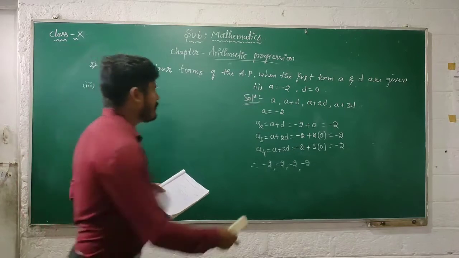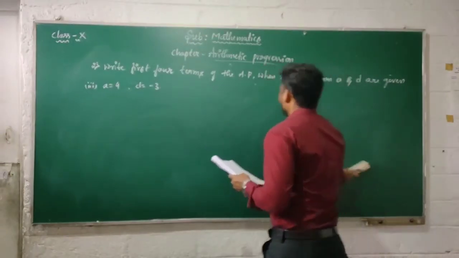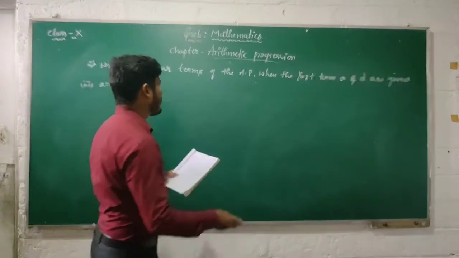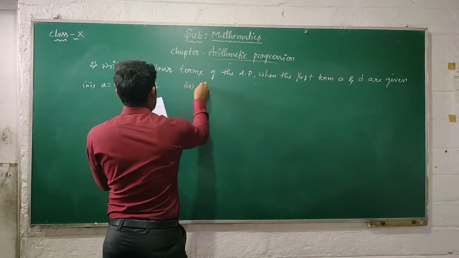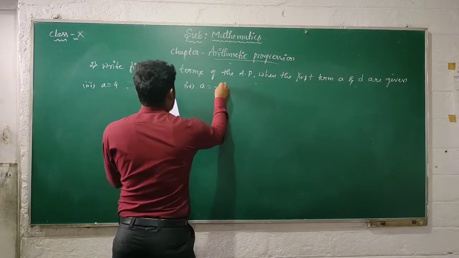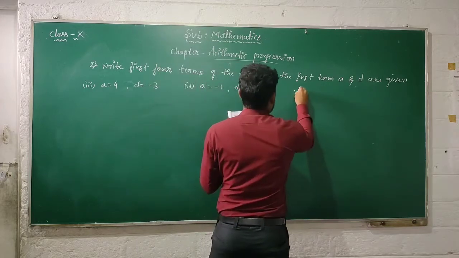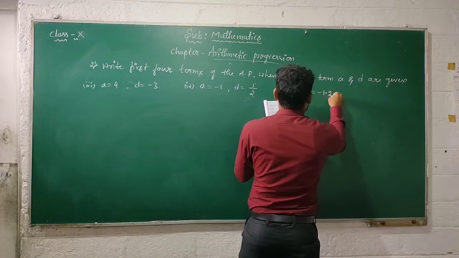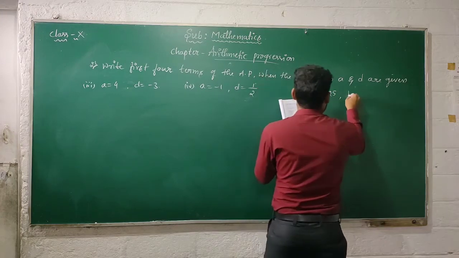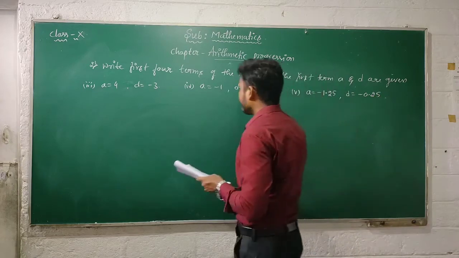Then fourth one, a is equal to minus 1 and d is equal to 1 by 2. Then last one, fifth one, a is equal to minus 1.25, d is equal to minus 0.25.